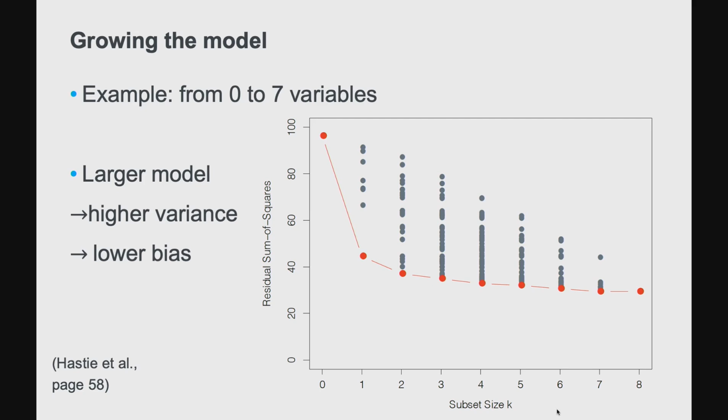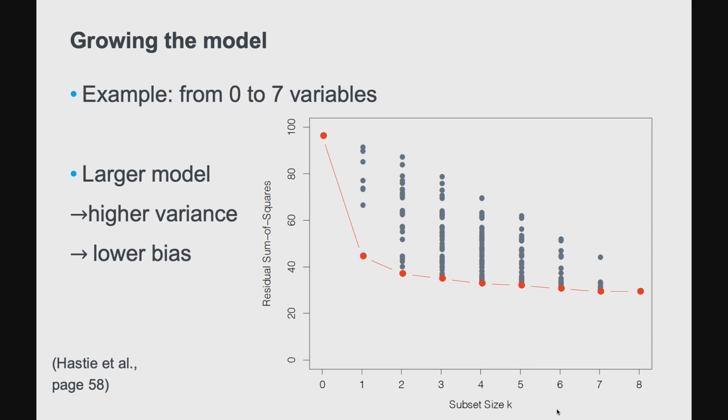So here is an example for that from the book Hastie. I have here 0 to 7 variables, like x1, x2 until x7. 0 variables, of course, means that you just assume a constant value beta 0 for everything. This is very little variance, no variance at all actually, but very high bias.